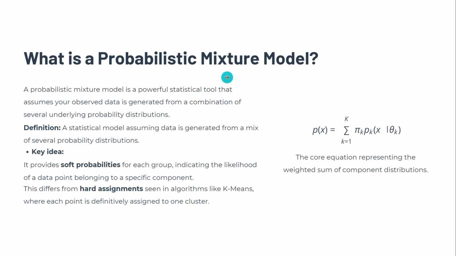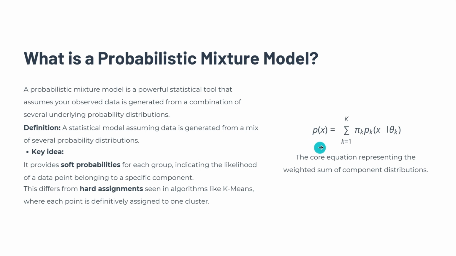Instead of saying this data is 100% banana or 100% strawberry, mixture models say this data is maybe 70% strawberry and 30% banana. That's soft clustering, and it's much more realistic than hard clustering like K-means, where you're forced into exactly one bucket.